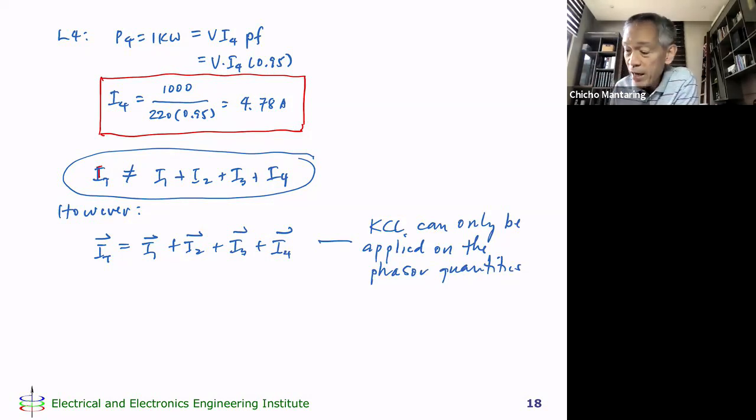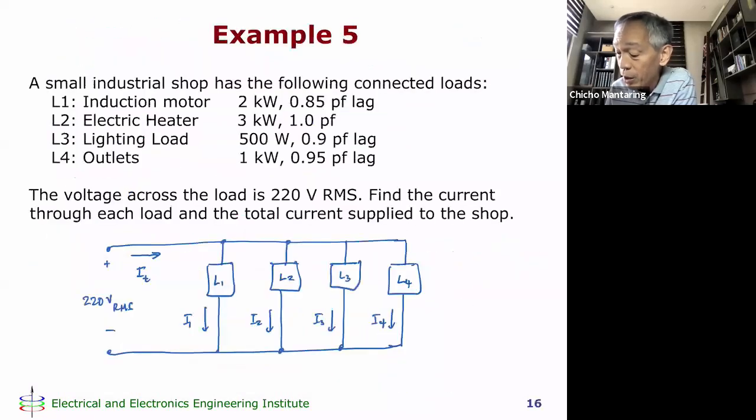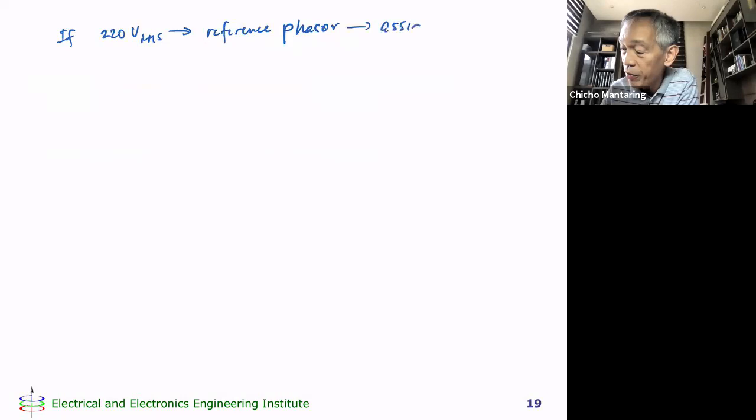Now, I'm running out of time, so I'm just going to tell you how you proceed with this problem. If you consider this 220 volt VRMS to be a reference phasor, ang ibig sabihin ng reference phasor, you assign a phase angle of 0 degrees.